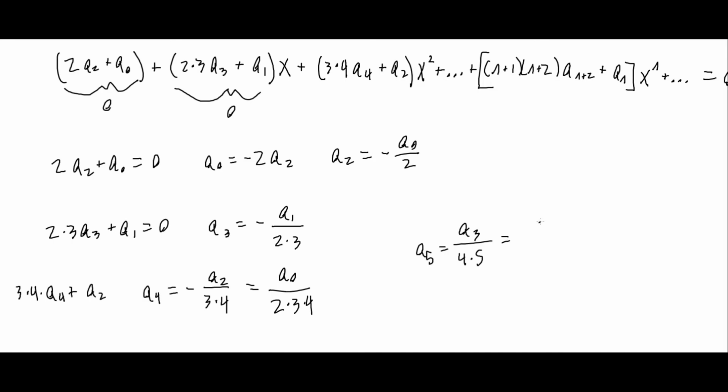And then that will end up being a sub 1 over 2 times 3 times 4 times 5. And so you can start seeing that all these odd coefficients are in terms of a sub 1, and all the even ones are in terms of a sub naught.